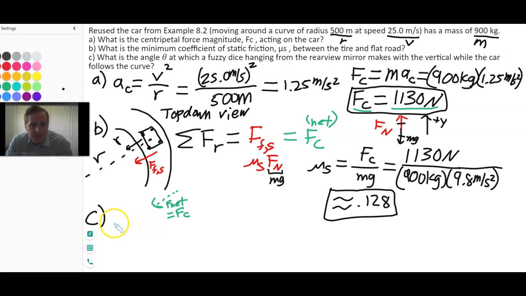So I think that if I was to sketch the ceiling and what the fuzzy dice might look like in terms of a free body diagram, it would probably be something like this.